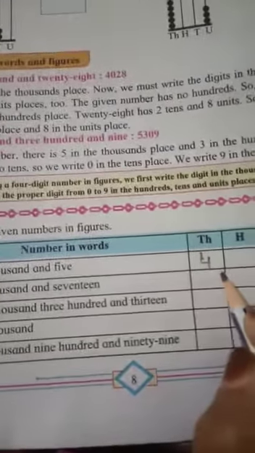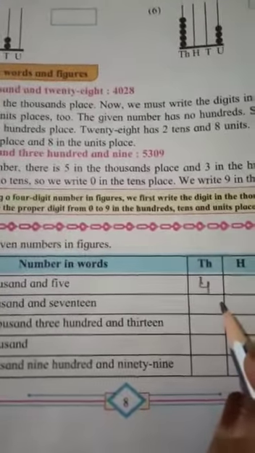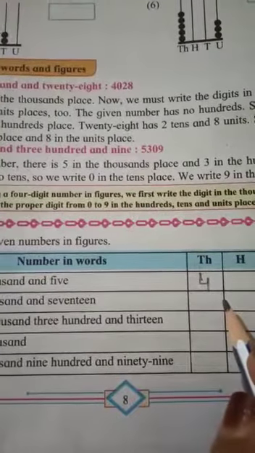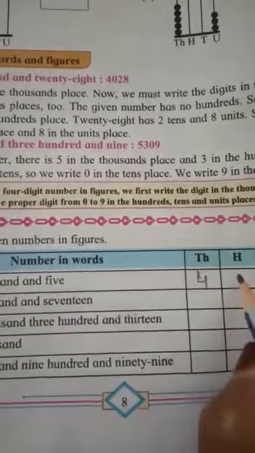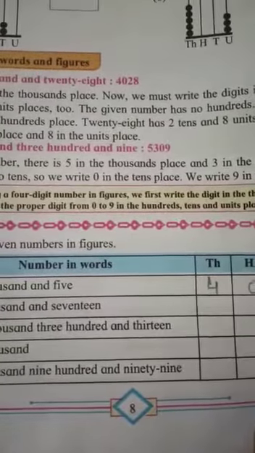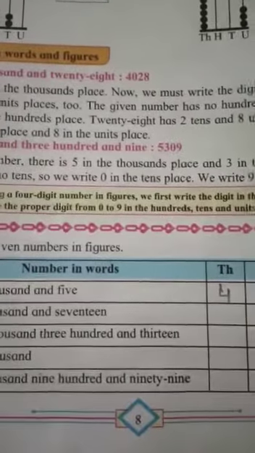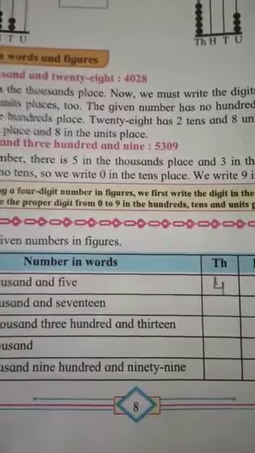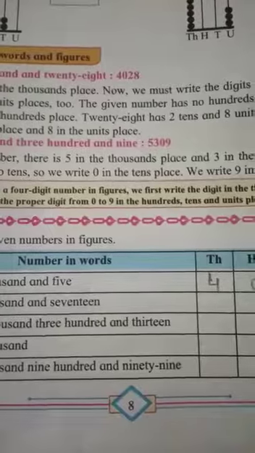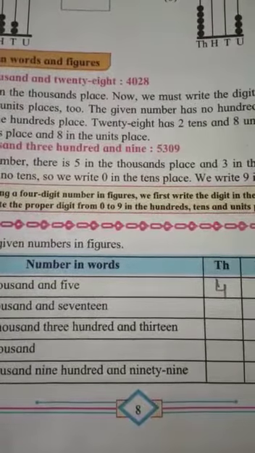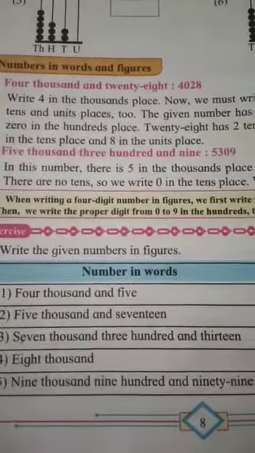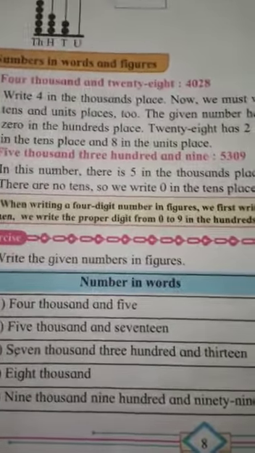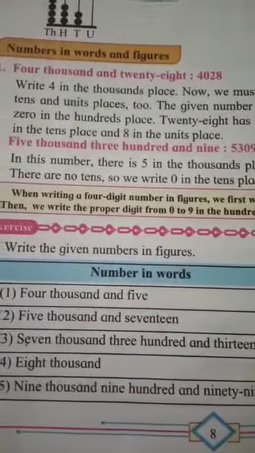After that there are no hundreds and no tens, so we write 0 in the hundred place and 0 in the tens place. And what is remaining now? 5. So we write the 5 in the unit place. 4005. Are you all getting how to write the numbers?